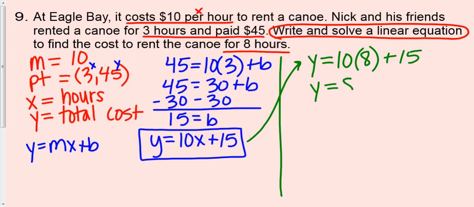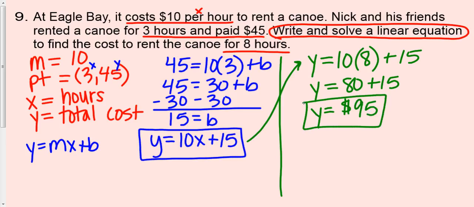So 10 times 8 is 80. 80 plus 15, we get $95. So the cost for 8 hours is $95. I want you to take a look at this work. This is the work that we're going to be doing for all of these problems. Make sure that you are showing all work when you are doing this on your own.